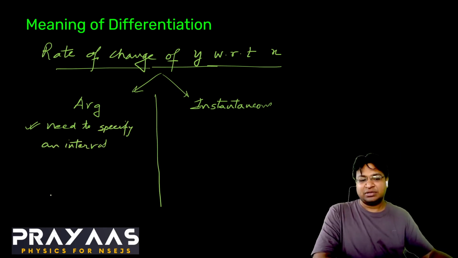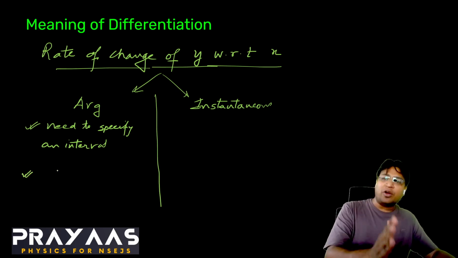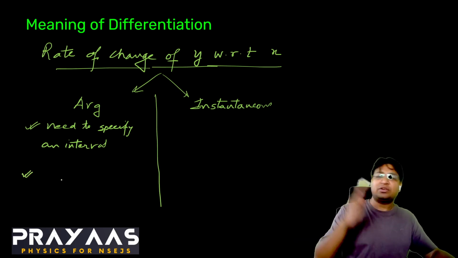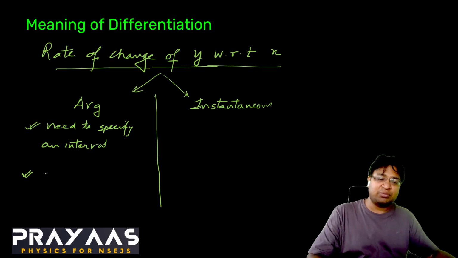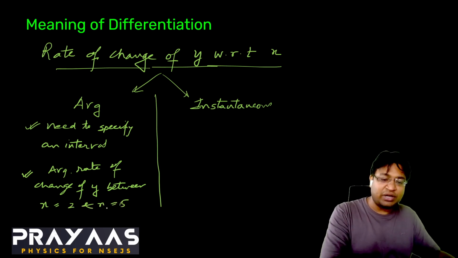Now, what does that mean? This means that if I want to talk about the rate of change of y, I need to mention from where to where. For example, if I want to talk about the average rate of change of y between x equals 2 and x equals 5, this is called an interval.